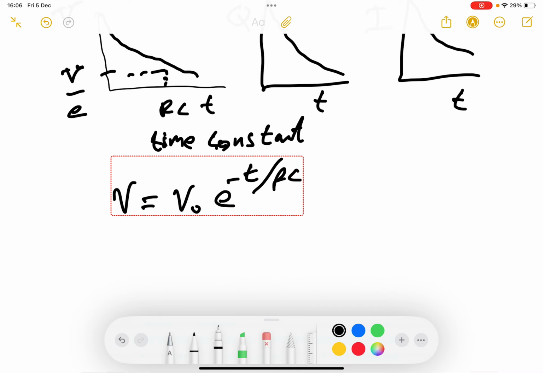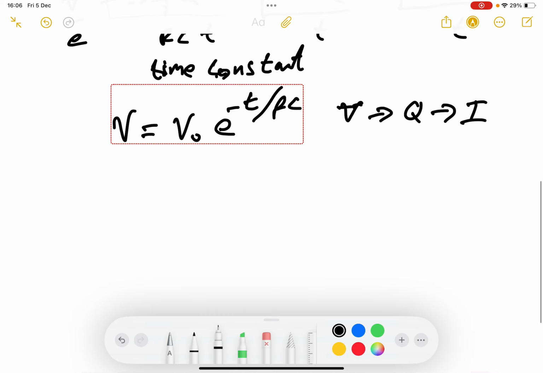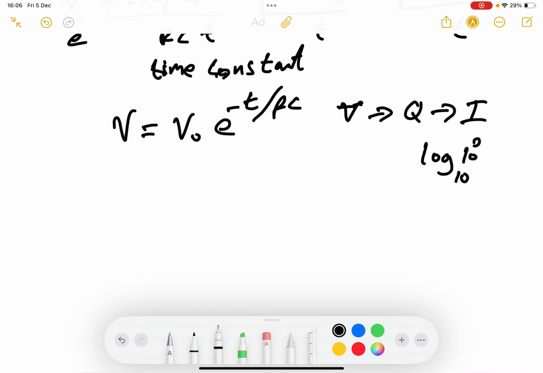And then V can become Q, which is I think how it's written on the data sheet, or it can become I. The equation doesn't change. And then we should just remind ourselves what happens with logs. So log to the base 10 of 10 to the x is x. So we've just got to remember that if we take the logs of something where the power is the same as the base, we can get rid of the exponential.